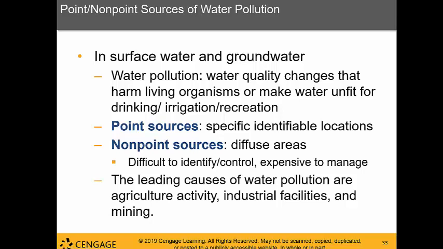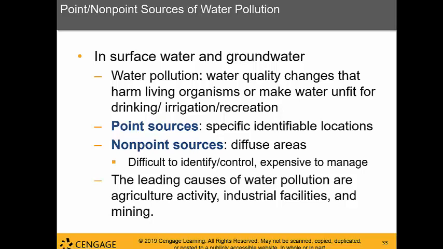Examples of non-point source pollution would be runoff from agriculture. Let's say that a storm comes and all of the farm fields in a particular watershed have some soil lost, and that soil enters the water and brings with it things like fertilizer and pesticides.